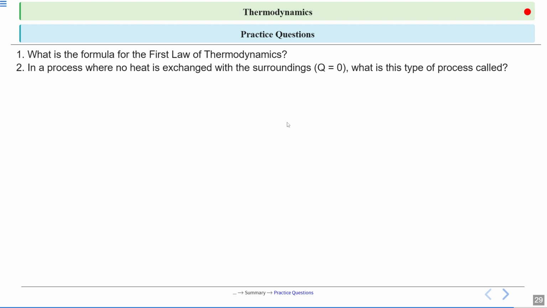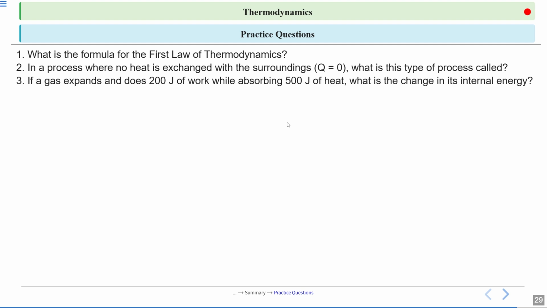Here you have to find out the process name where the exchange of heat is 0. Third, if a gas expands and does 200 joule of work while absorbing 500 joule of heat, what is the change in its internal energy? Here you have to find out the change in internal energy.